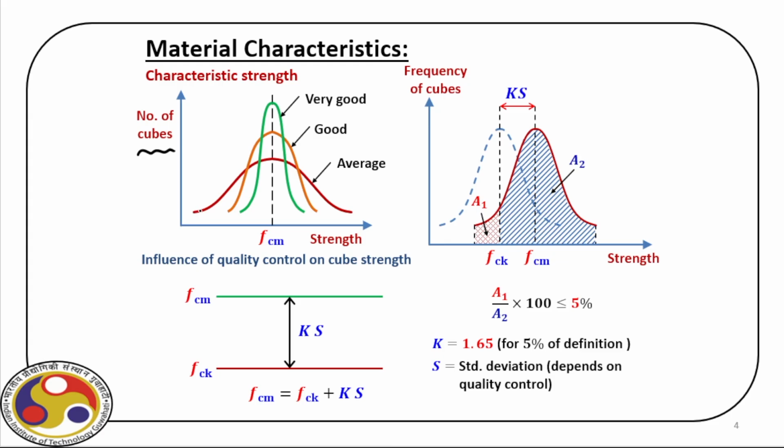With the help of that data, we plot this curve. Obviously, this curve, as you can see, is spread over a region, and that means it has a higher standard deviation. Now, obviously, we will try to go for this very good quality concrete. The reason is, here you can see the dispersion of this data is very small. That means it has a low standard deviation.